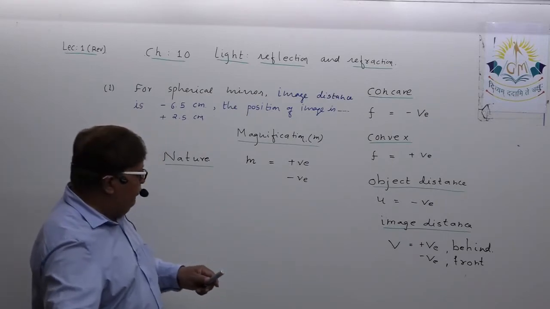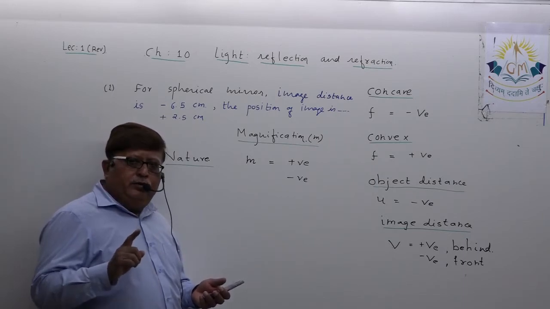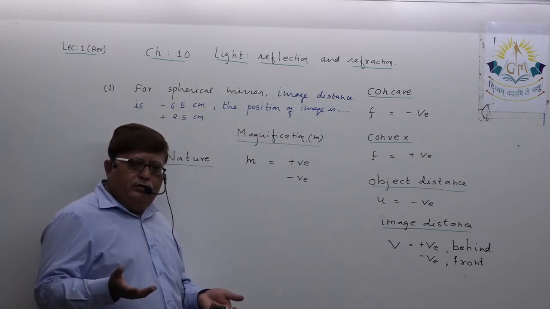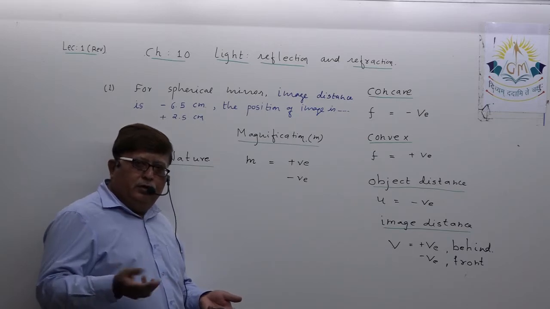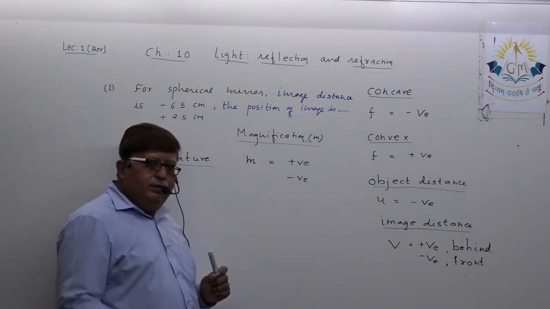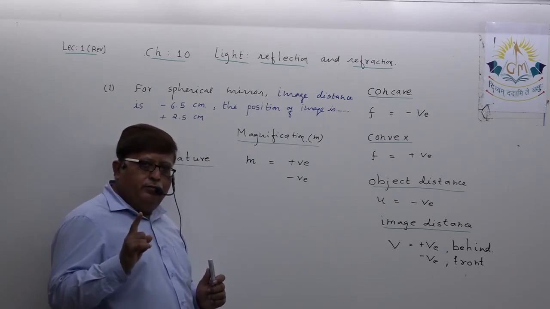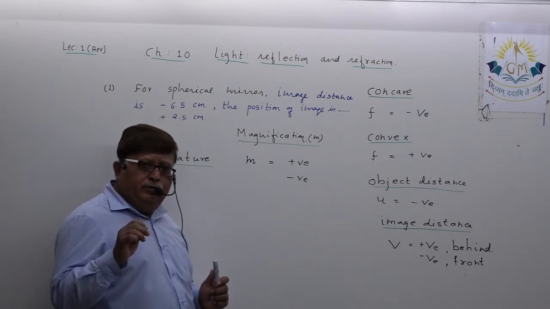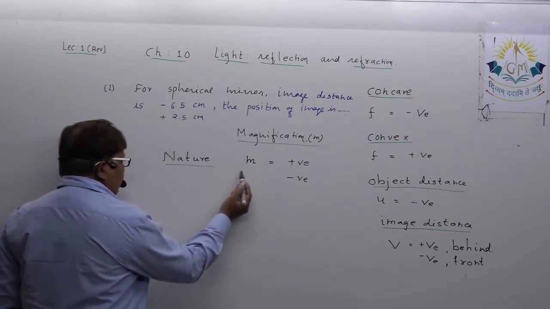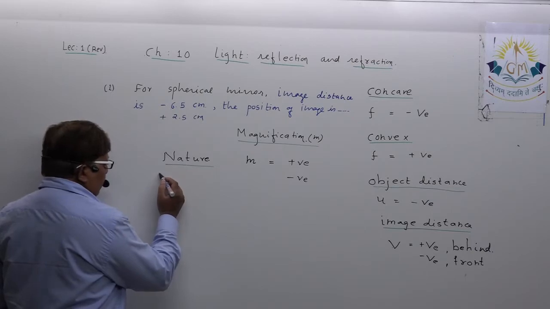Try to understand, dear student. Nature means the image can be either real or virtual, only two options. Now, if magnification is positive, when you solve the example and you get m positive, that means, dear student, relate the value of magnification with nature: virtual.